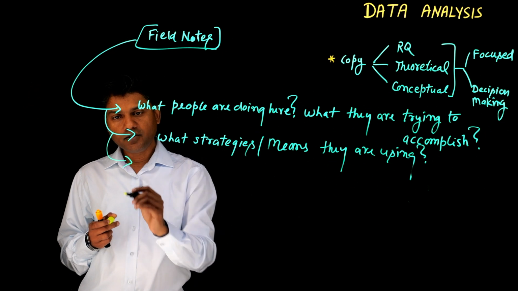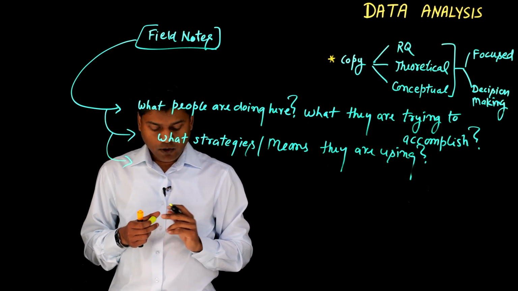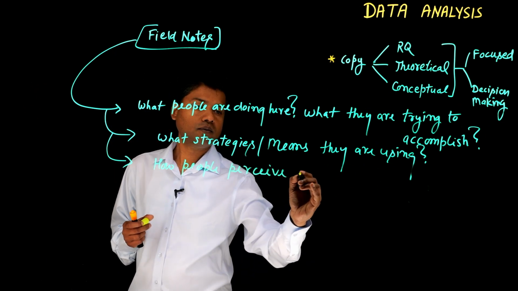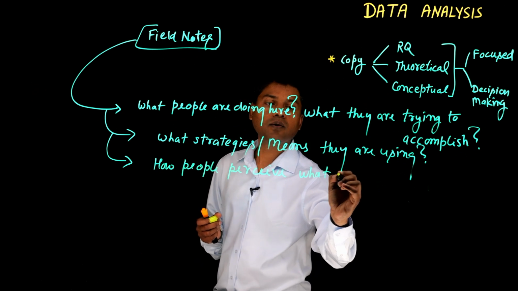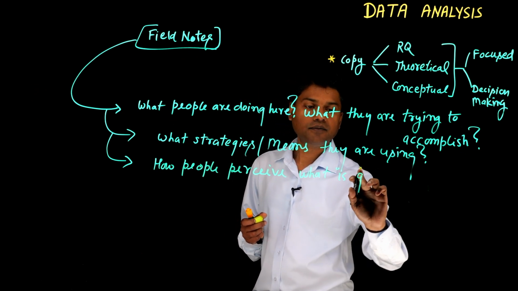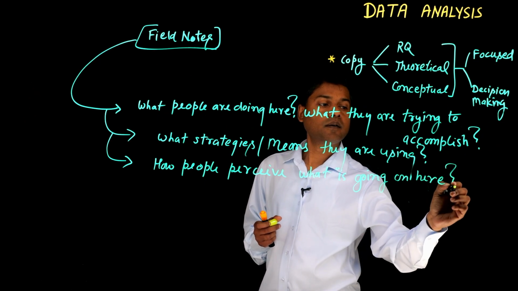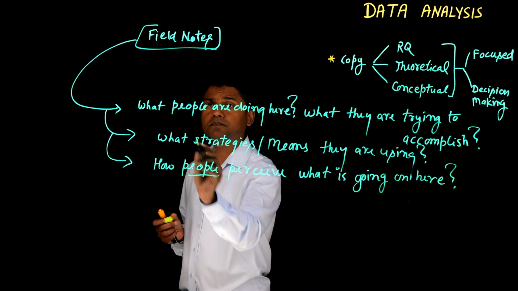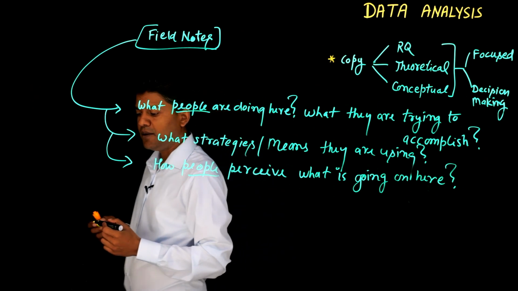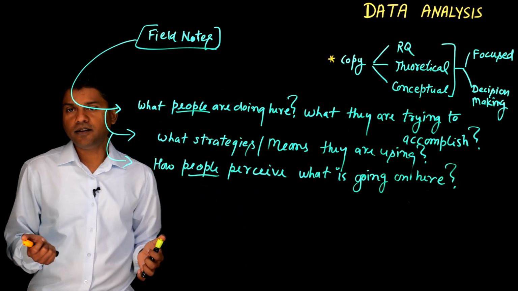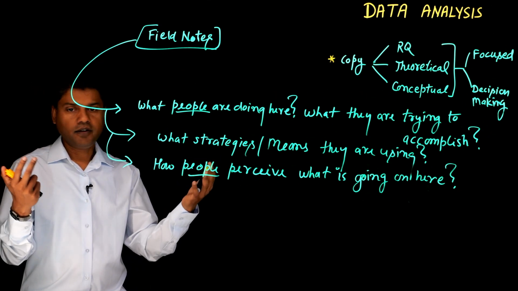Another important thing to keep in mind is how people perceive what is going on here. When I say people, if I'm doing an observation in a natural setting, people are doing something.